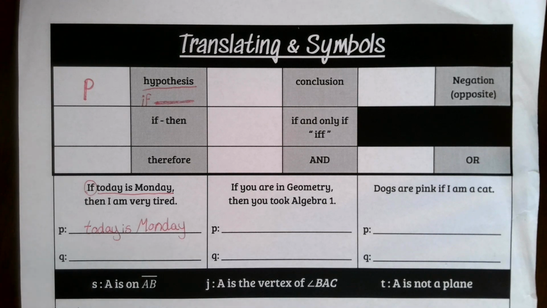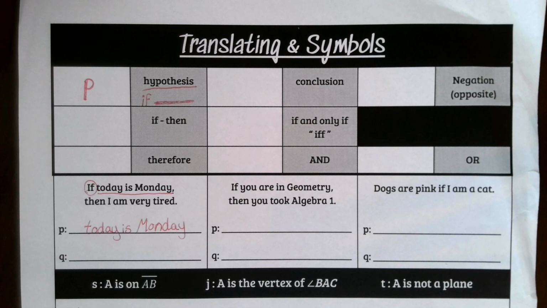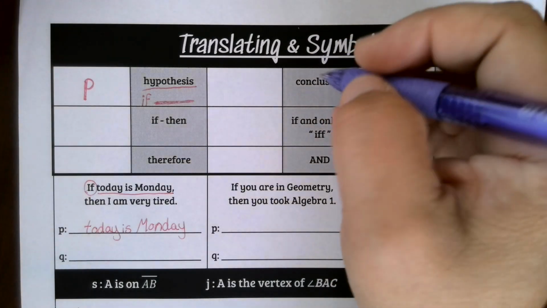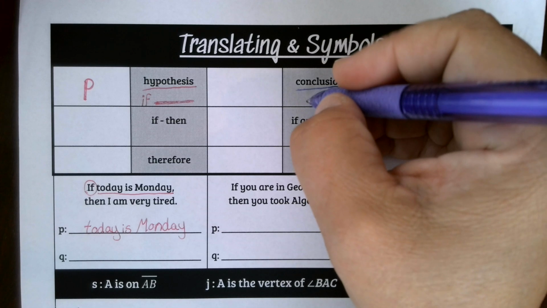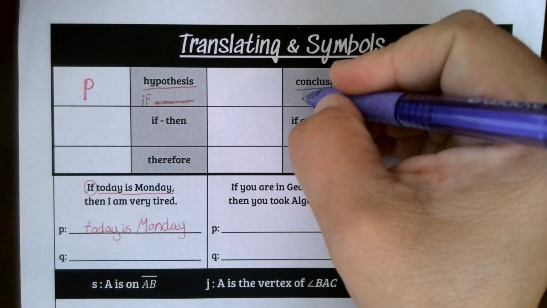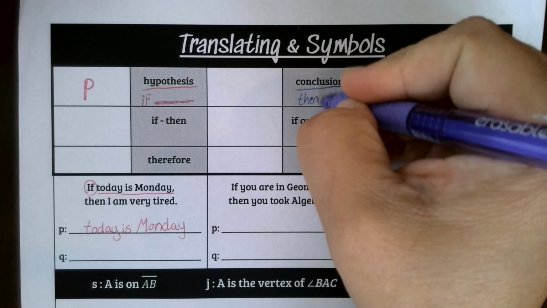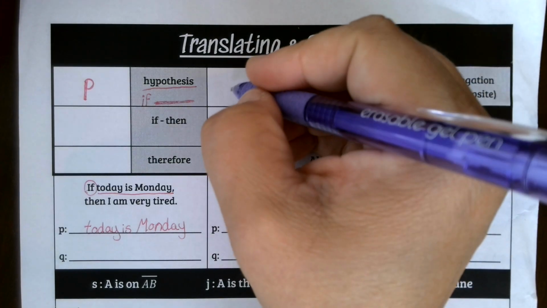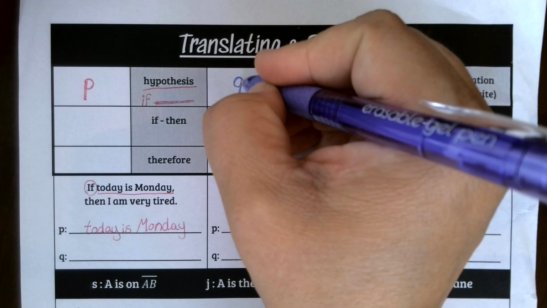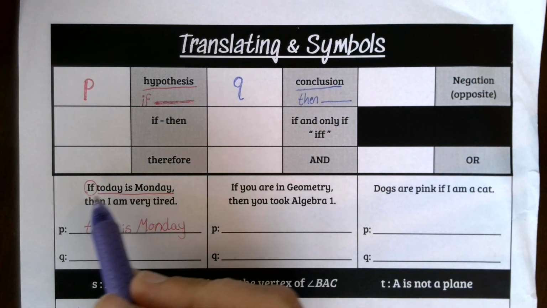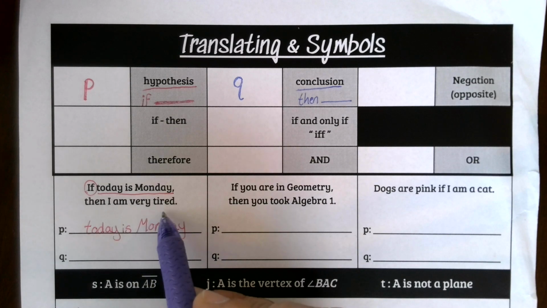The conclusion follows after that, okay? It is the then part of the statement. Okay, conclusion follows P's and Q's. It is after the then, and it is always given the letter Q. Okay. So, using our example here, if today is Monday, then I am very tired.